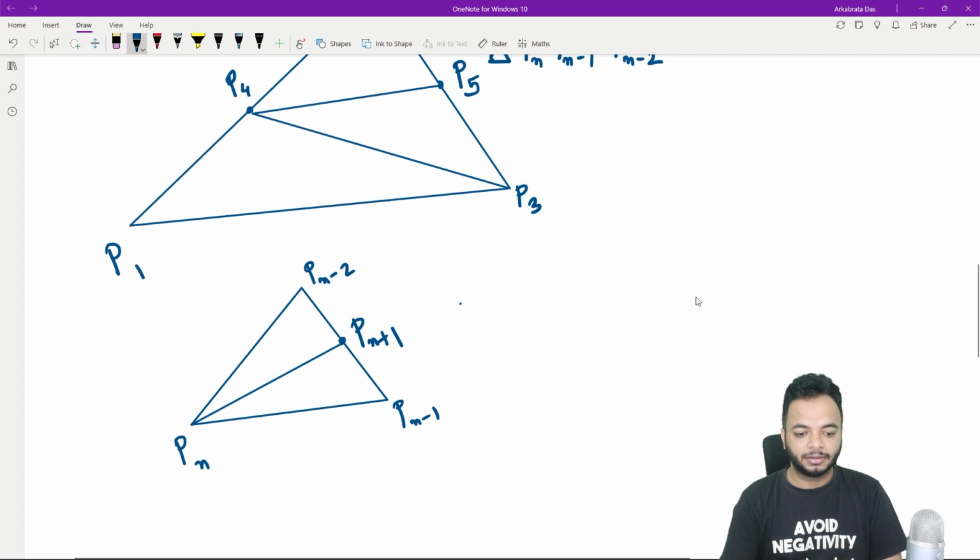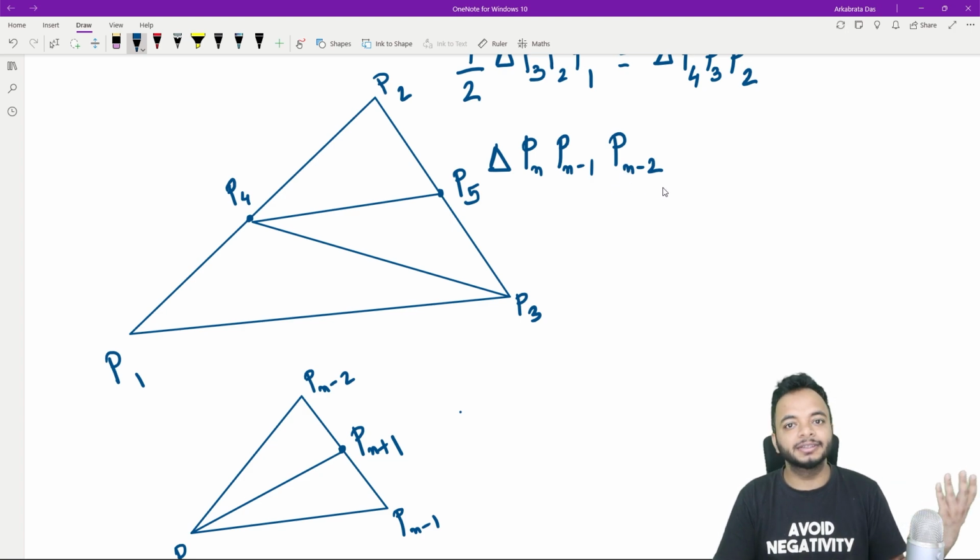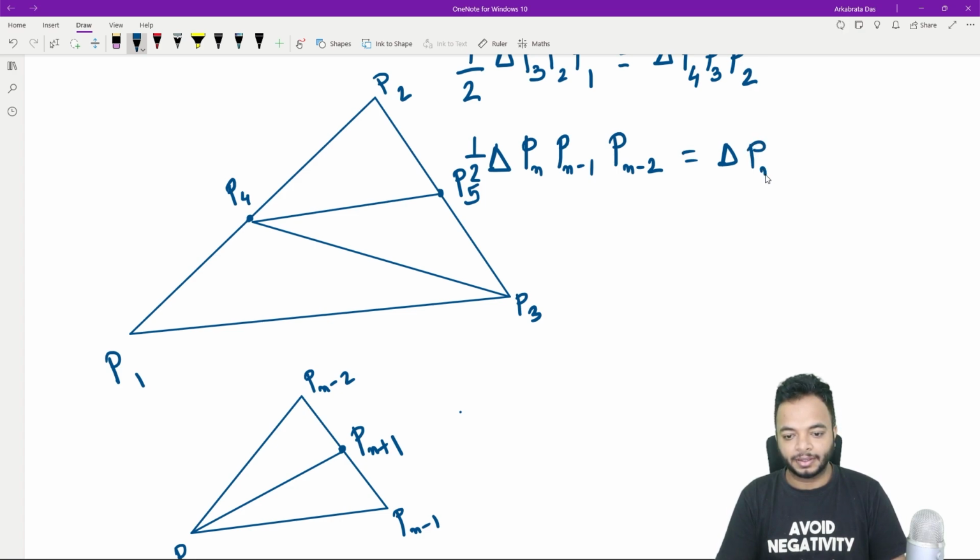Again, same base length, same height, so the area of the next triangle is half of this. That is, half of this area is the area of the triangle Pn+1, Pn, Pn-1.